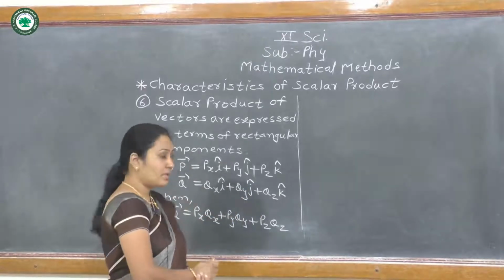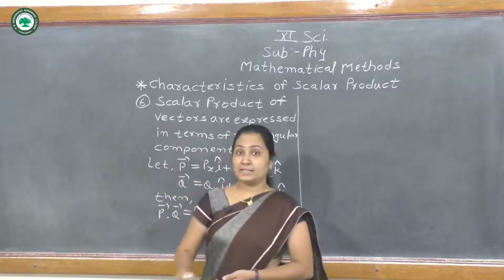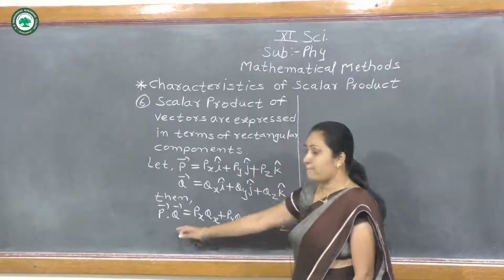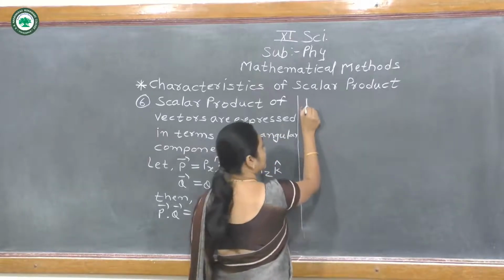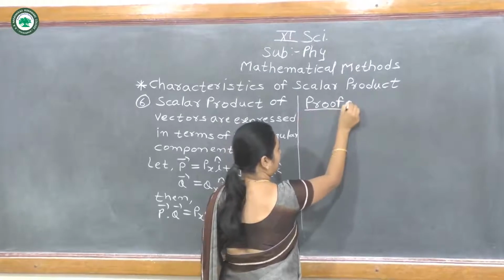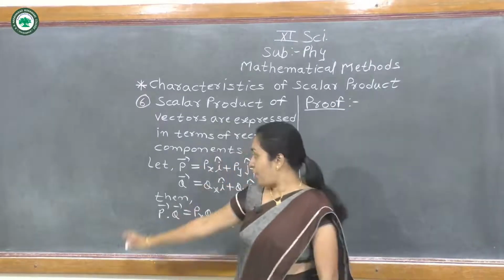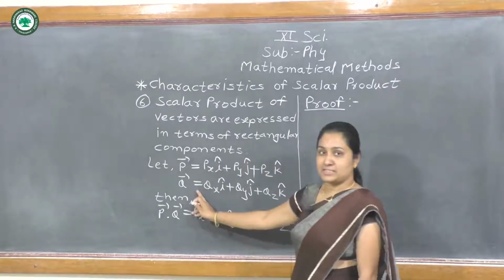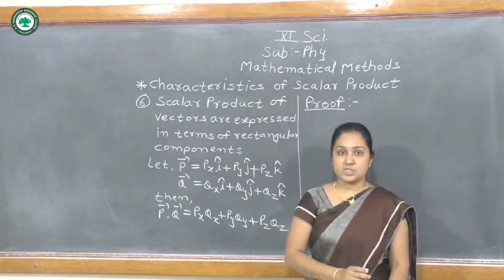Now we have to prove this. How do we get this type of answer for p bar dot q bar? We will see its proof. We have the values of p bar and q bar, so we have to take the dot product of these two.